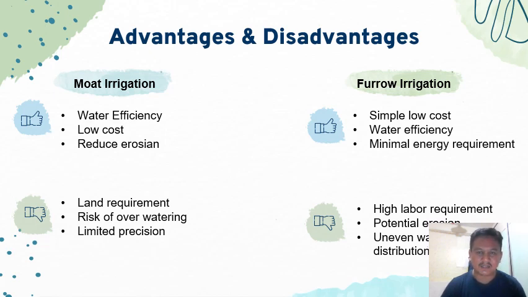Advantages for furrow irrigation: simple, low cost, water efficient, minimal energy requirement. Disadvantages for furrow irrigation: high labor requirement, potential erosion, uneven water distribution.